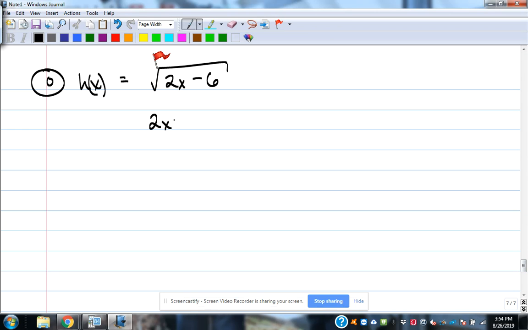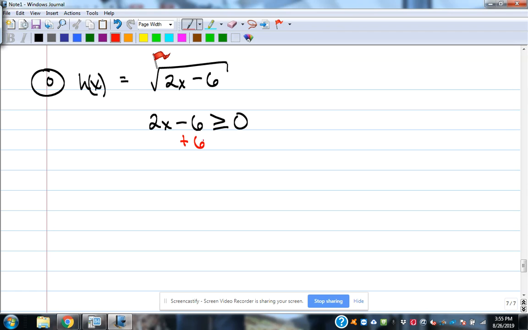Well, 2x minus 6, if we make it greater than or equal to 0, then it's never a negative number, right? So if we set whatever's underneath the square root greater than or equal to 0 and solve that, that's going to tell us what numbers will keep this thing from giving us a complex number if we take the square root.